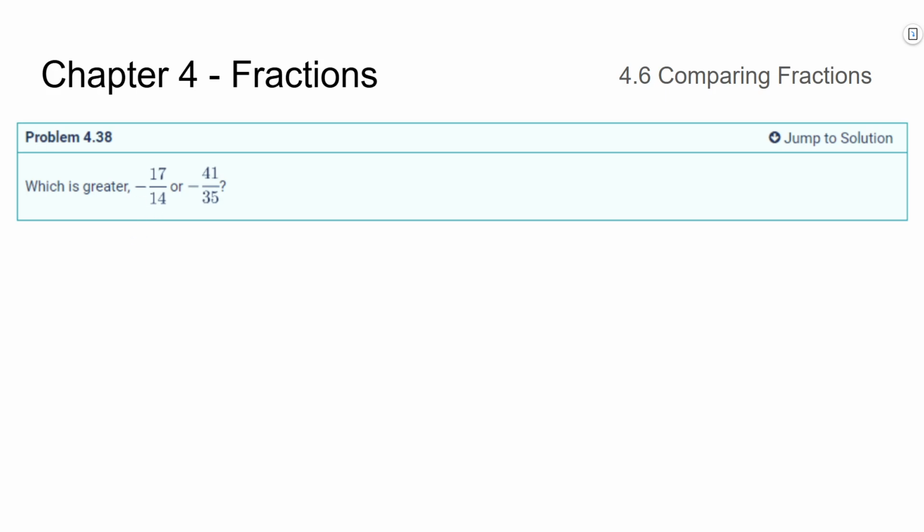Okay, I guess we'll just do 17 over 14 times 35 over 35. Is there any easier way to do it? Well, in this case, there's actually a common denominator that is not so large.